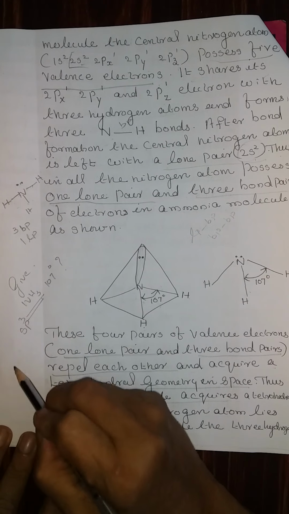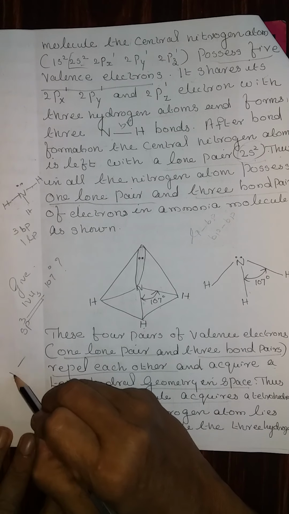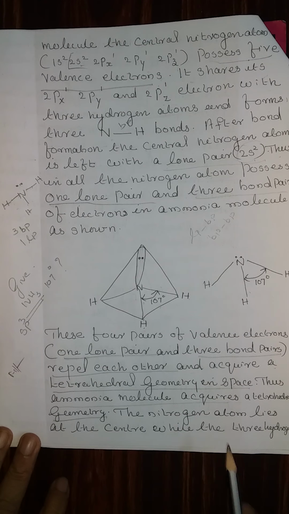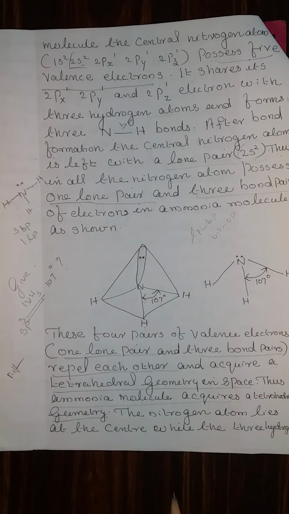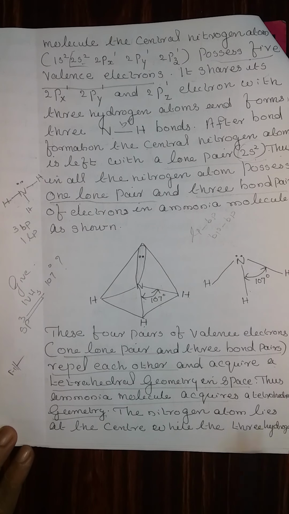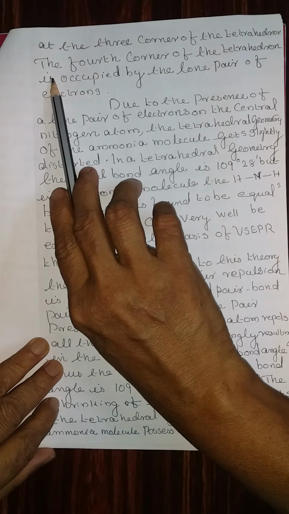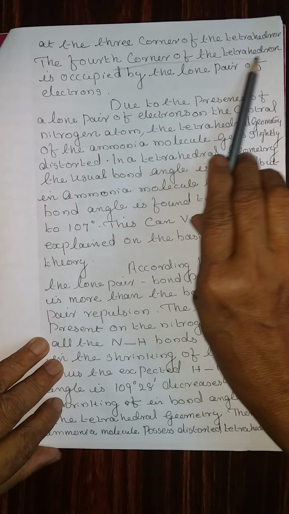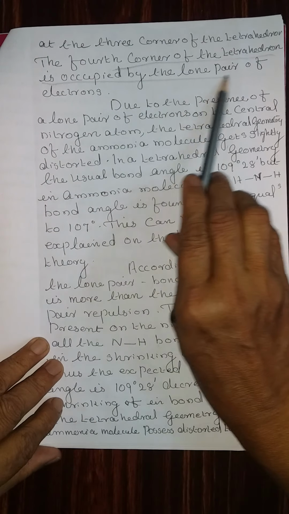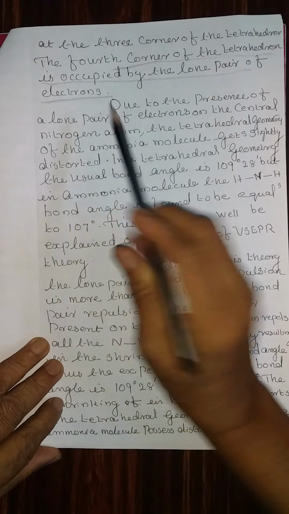Shape of ammonia molecule. Fill in the blank question or choose the correct answer. What is the shape of the ammonia molecule? The nitrogen atom lies at the center while the 3 hydrogens are at 3 corners of the regular tetrahedron. The 4th corner of the tetrahedron is occupied by the lone pair of electrons.